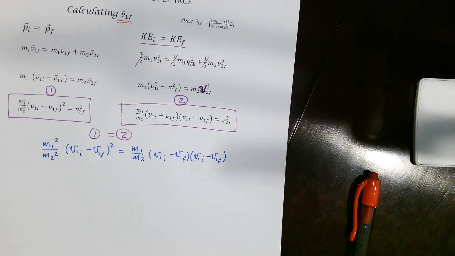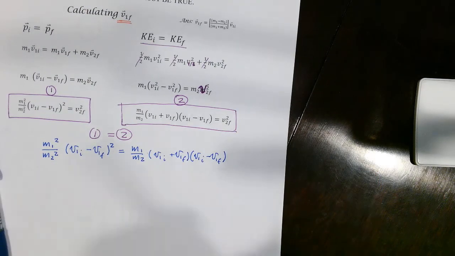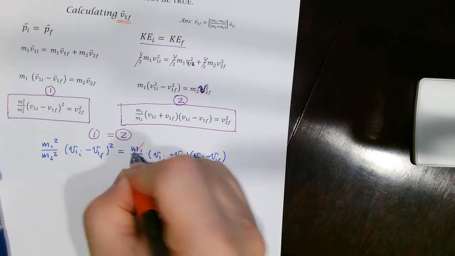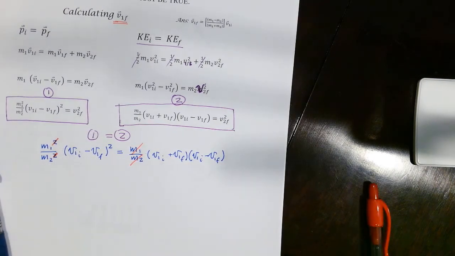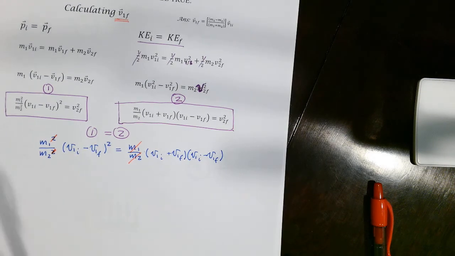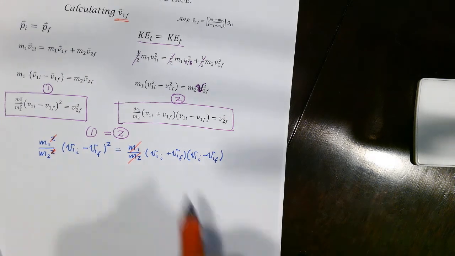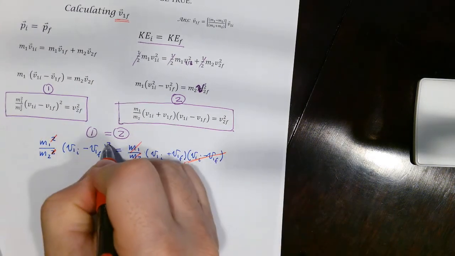Now, as you can see, I can cancel out this with this, and this with that, and one of these with one of these.